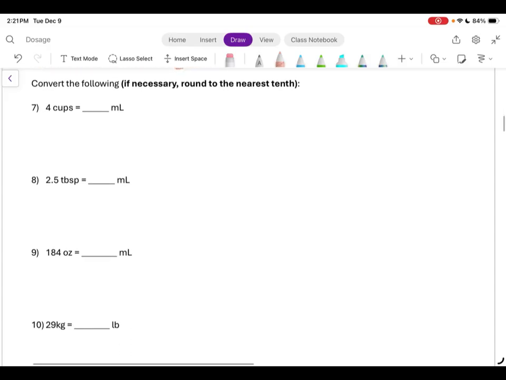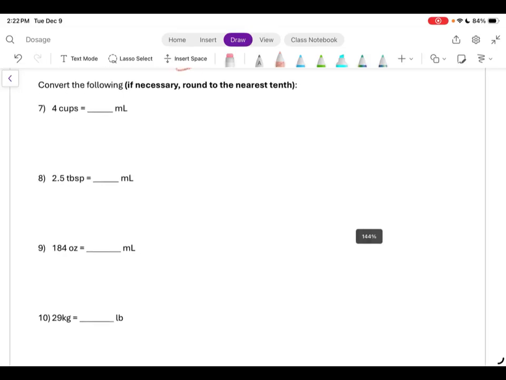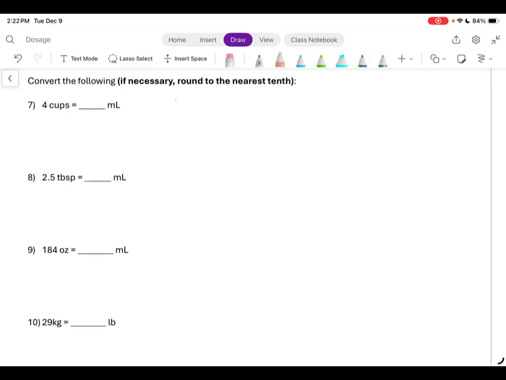All right, let's do some conversions. So as always, I like to start with what I'm looking for. In this case, it's milliliters, right? On the other side, I also have to have milliliters. I know that 240 milliliters is 1 cup, and I know that because I have it on my conversion sheet.